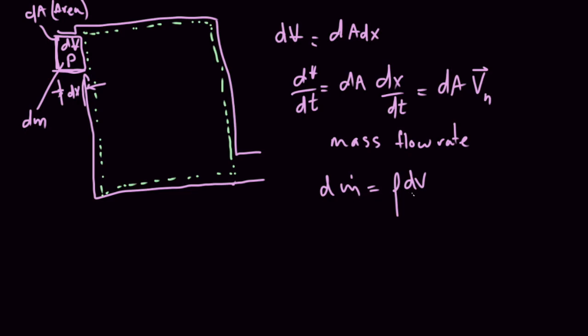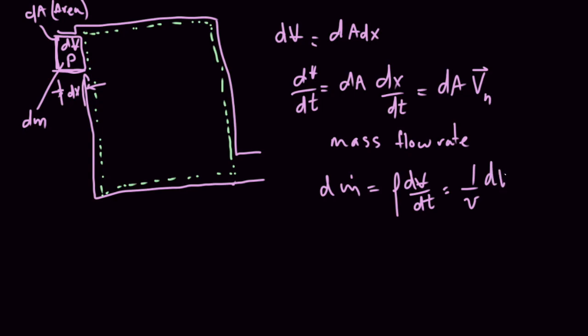But because of the dot here, we have to put dt, and that completes the rate form, the mass flow rate. And basically we know that the density is equal to 1 over the specific volume, which we like to use instead of density.